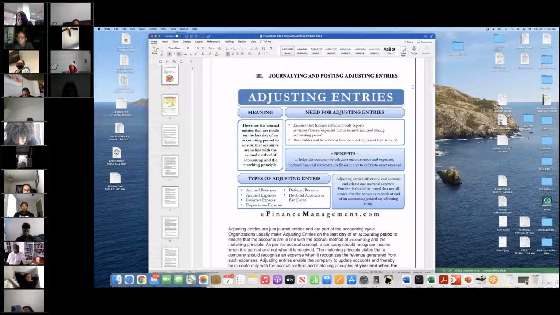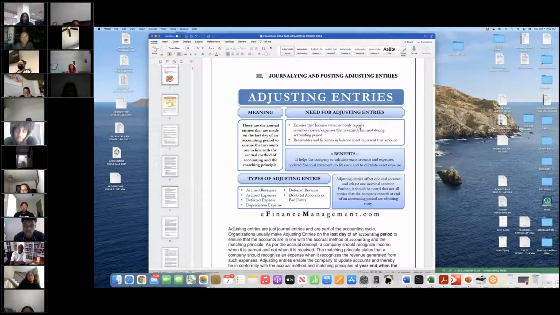Adjusting entries. So this is chapter 3. And it talks about the need for adjusting entries. It's very similar to what we talked about with those theoretical concepts. So review the theoretical concepts.